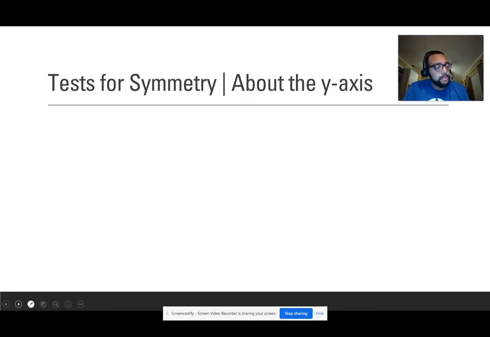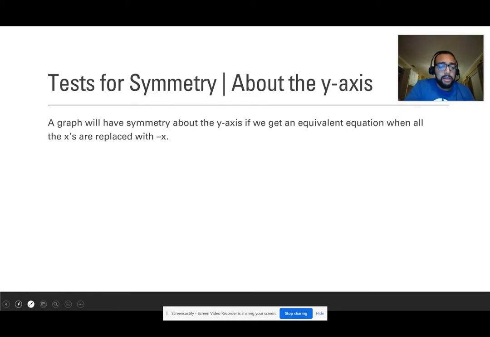So when talking specifically about symmetry about the y-axis, the more formal definition is: we'll have symmetry about the y if we get an equivalent equation with all the x's replaced with negative x. That essentially is just saying replace x with negative x. Simplify the equation.